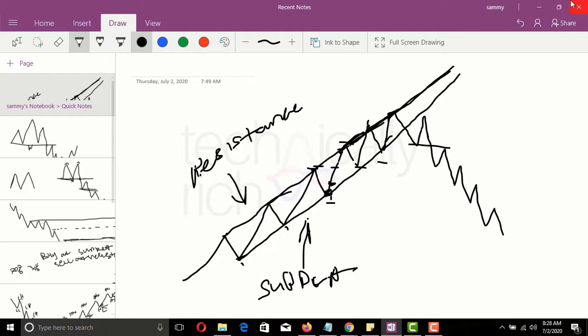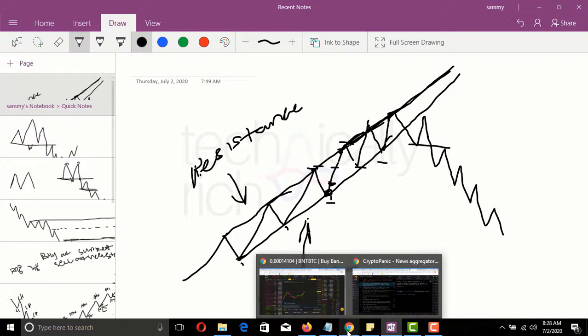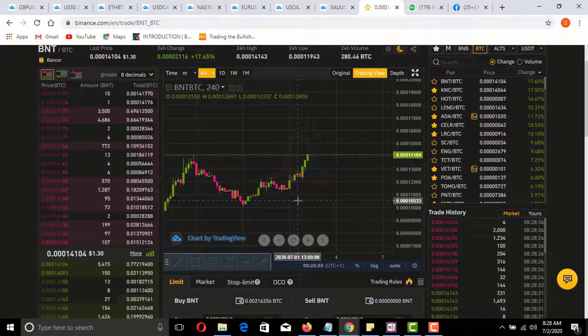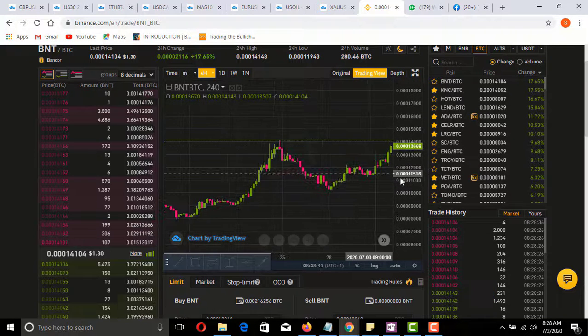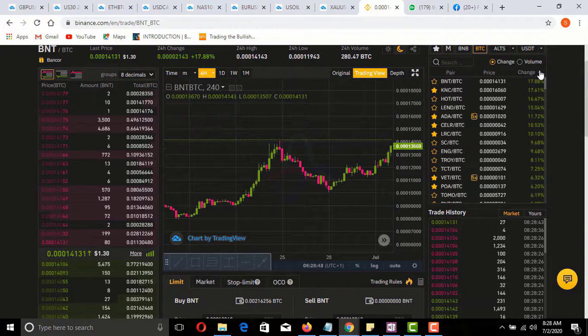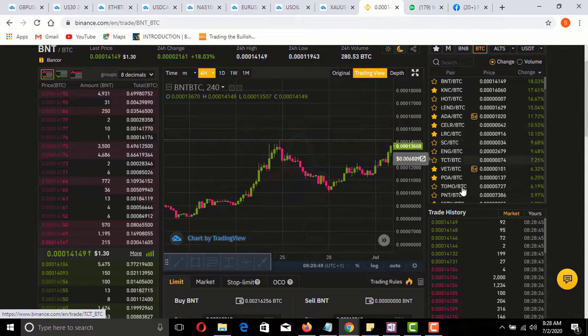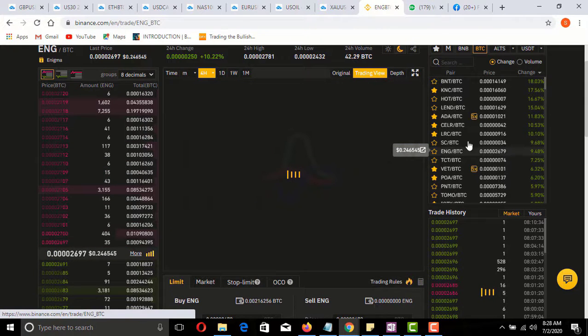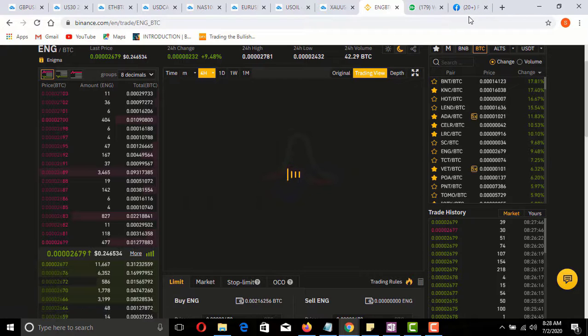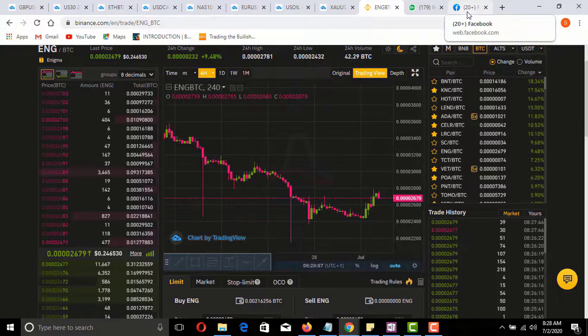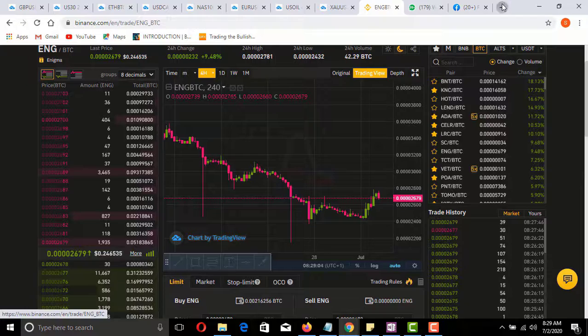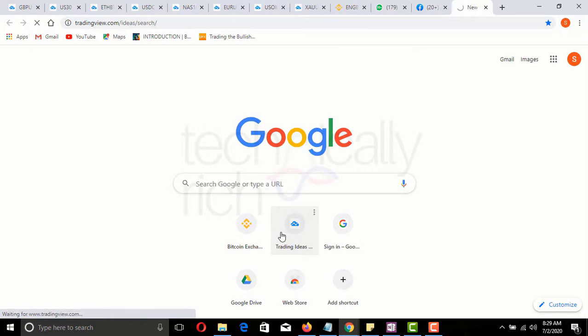Okay, so now let's quickly find this. Let me look for it. Let's go with ENG. Go to tradingview.com.